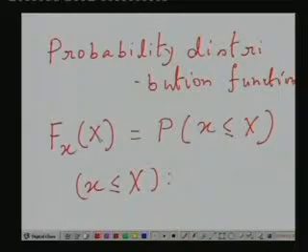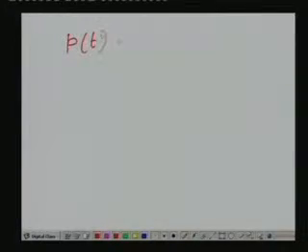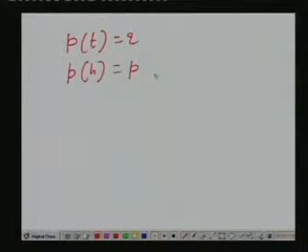Now, this will be clear if we give some example. Consider the example of tossing a coin. Suppose you are tossing a coin and the probability of tail occurring is say q, that is P(T) is q, and the probability of head is p.